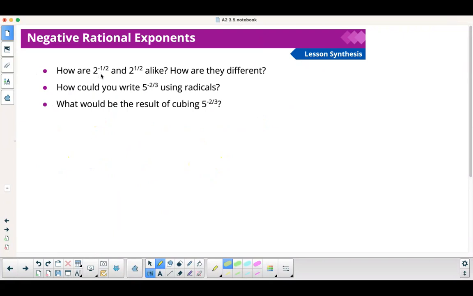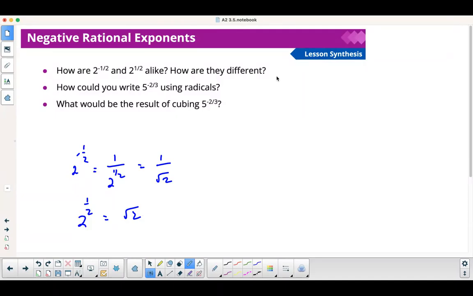So how are 2 to the negative 1/2 and 2 to the 1/2 alike? How are they different? Well, 2 to the negative 1/2 is 1 over 2 to the 1/2, which is 1 over the square root of 2. 2 to the 1/2 is just the square root of 2.